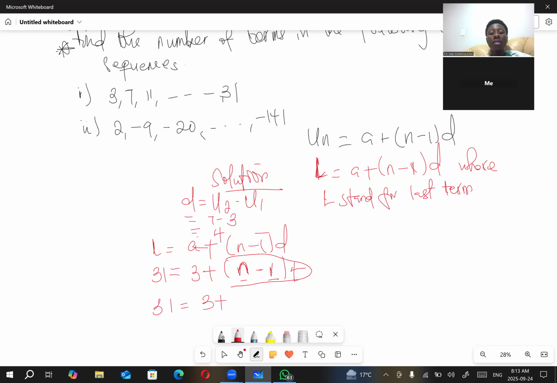Can you try? Remove the brackets. So that's 4n minus 4.